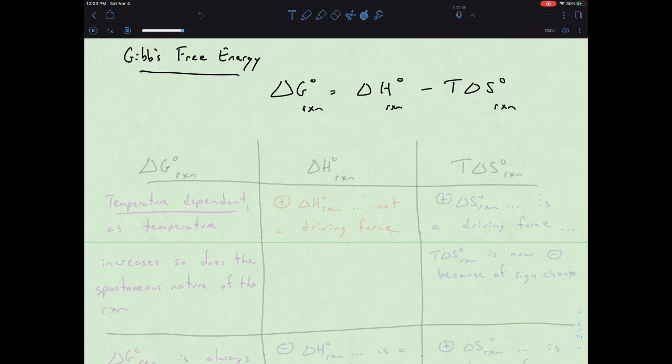There is our delta G of the reaction. There is our delta H of the reaction. And then there's also T delta S of the reaction. So those are different components that we can have in terms of sign, in terms of value.